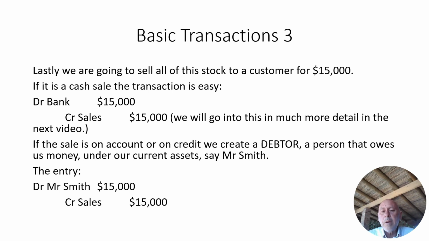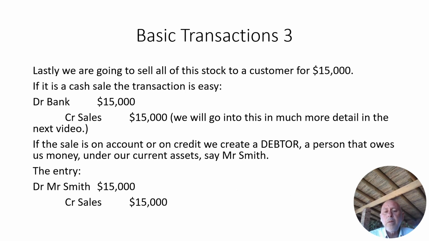But to add to our bank, he's paying us cash for it, so we debit the bank with $15,000. And like I say, the credit will be sales. Ignore that for the moment. I just want to change this balance sheet a little bit by making a sale. But I will explain it in the next video.